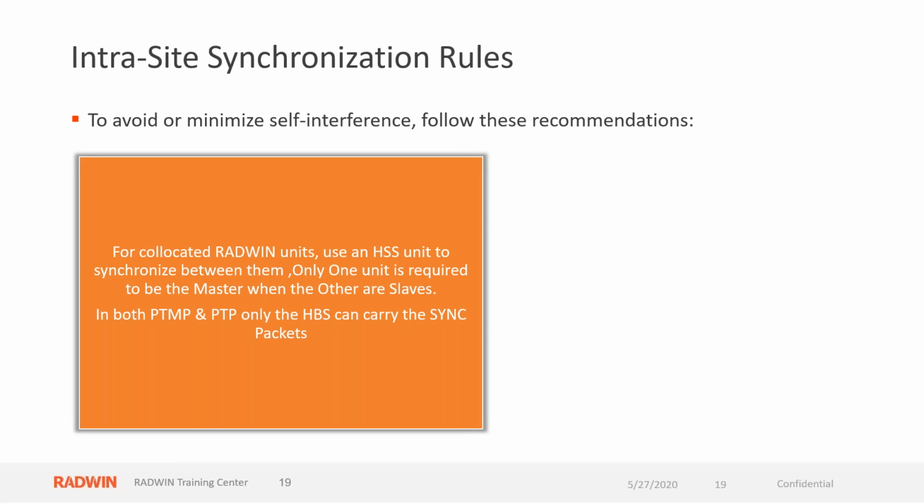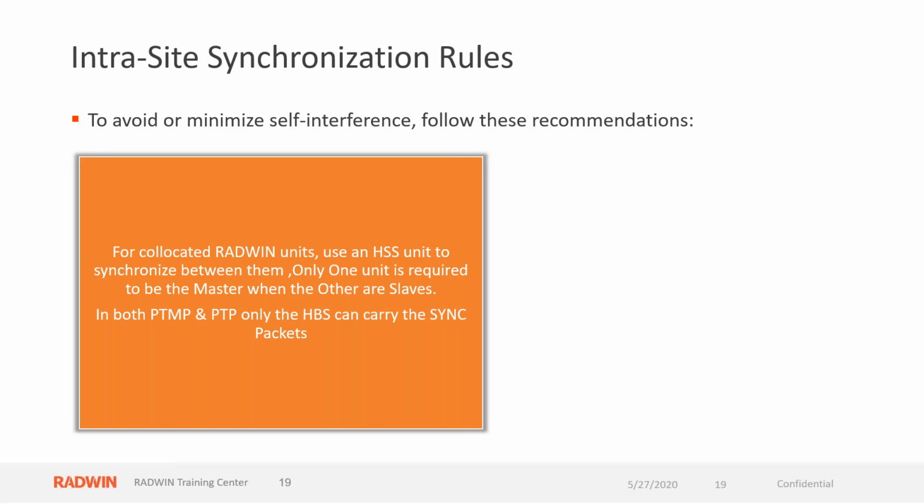To avoid or minimize self-interference, follow this recommendation. For collocated RADWIN units, use HSS unit, the master clock between them. Only one unit is required to be the master when the others are slaves. Remember, the other is called slave and another word for slave is client. The client inherits the clock from the master.